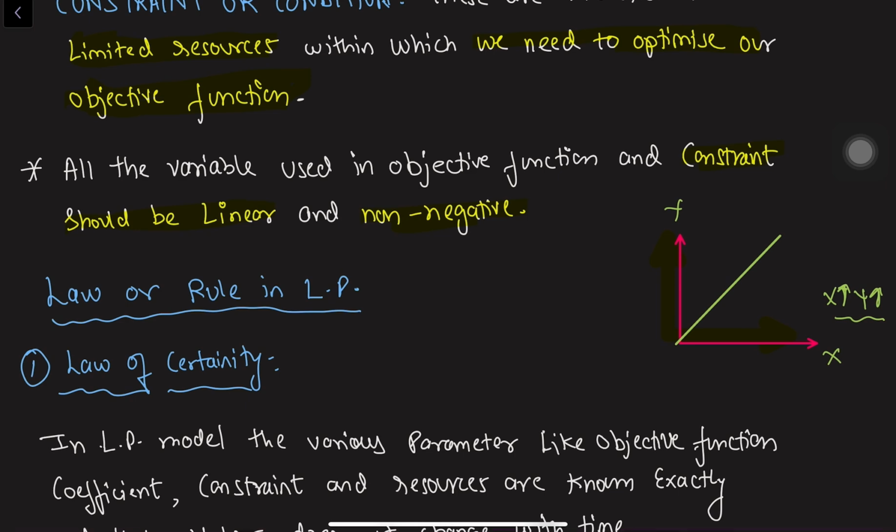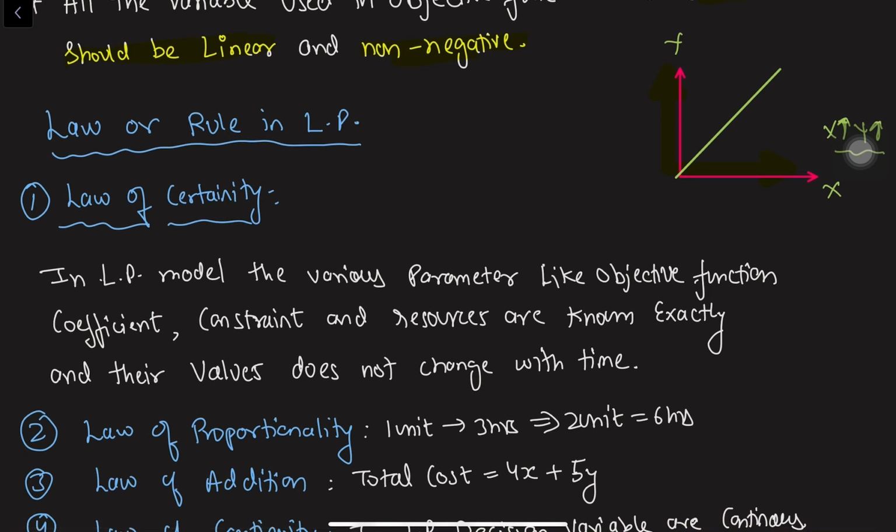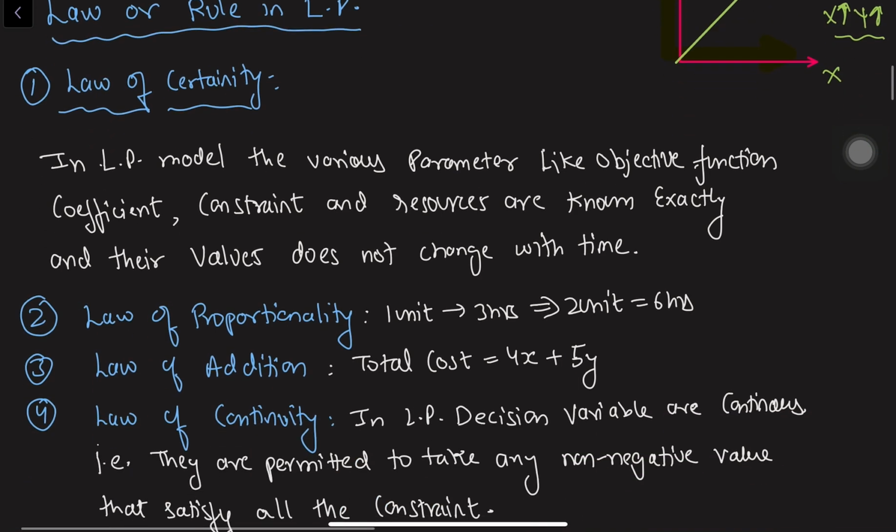Okay, so let's move ahead and understand the laws and rules in linear programming. There are certain laws which need to be followed in linear programming. Start with the law of certainty. In a linear programming model, the various parameters like objective function, coefficients, constraints, and resources are known exactly, and their values do not change with time.